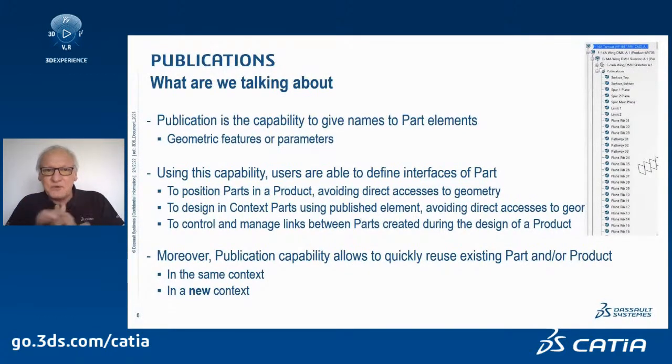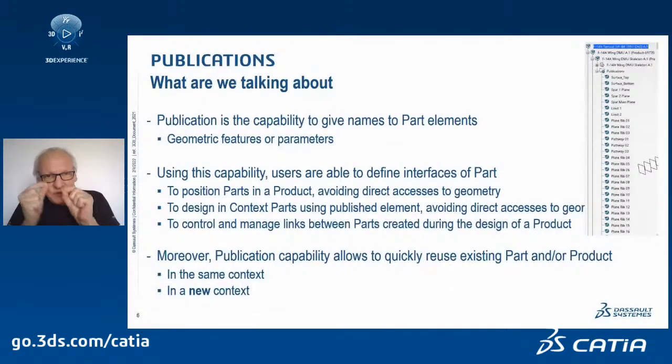This does not happen when you use publications, because you give a name to a geometrical entity, and you click on those publications in the spec tree. Very few software offer this capability. It existed in CATIA V5, but we have also improved the capability in the 3DEXPERIENCE CATIA.